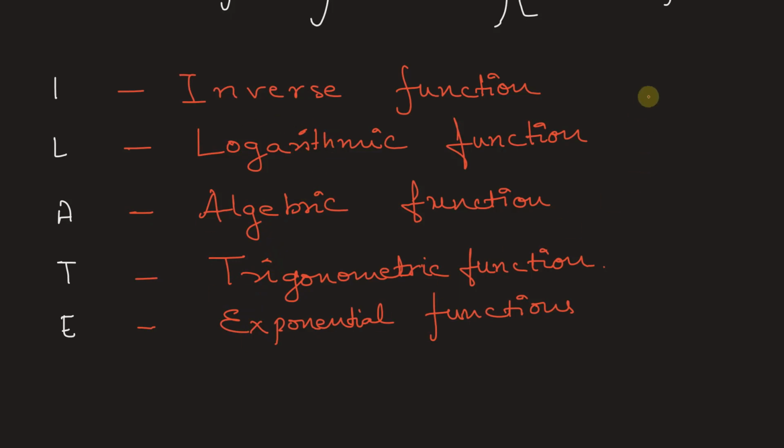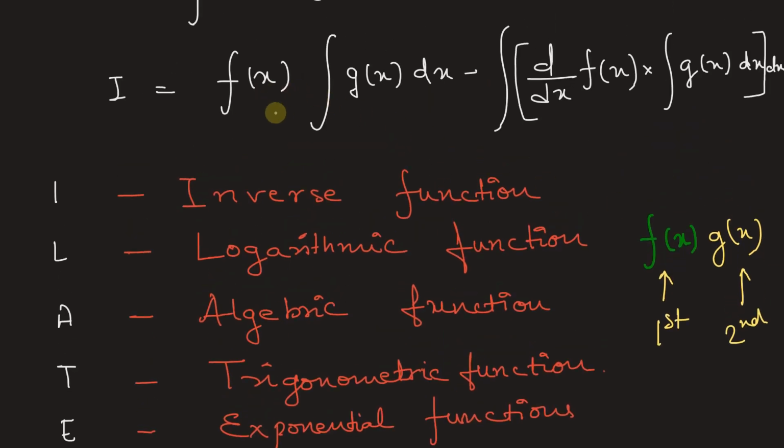So if we have a multiple of two functions, f of x and g of x, the one we consider as the first function for this formula will be chosen in this order.